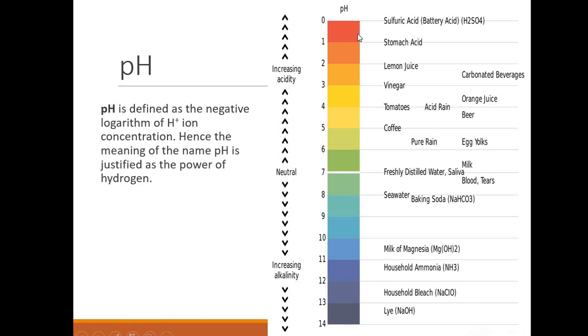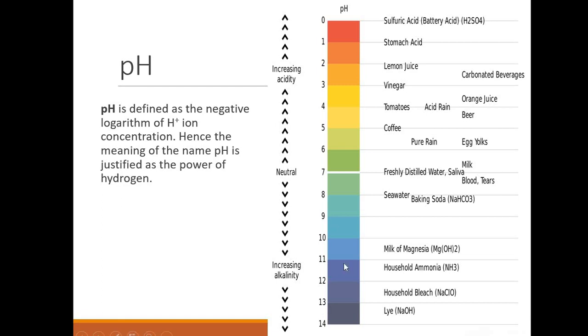Here you can see pH 1 stands for stomach acid, which is a highly strong acid. Similarly, pH 3 stands for vinegar, a strong acid.